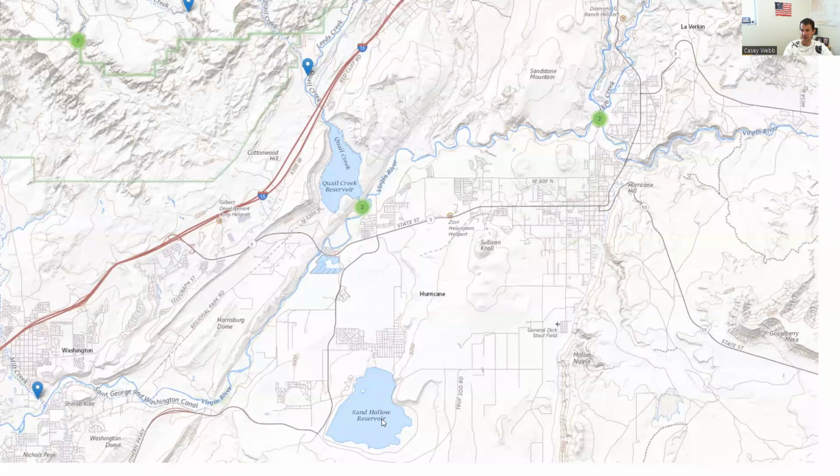If you look at Sand Hollow, do you see any rivers or streams flowing into Sand Hollow? The answer is no. So Sand Hollow is kind of funny. They actually put a dam about right here on the Virgin River, but instead of allowing the water to collect into a reservoir, all this dam does is divert the water into a pipeline that goes into Sand Hollow.